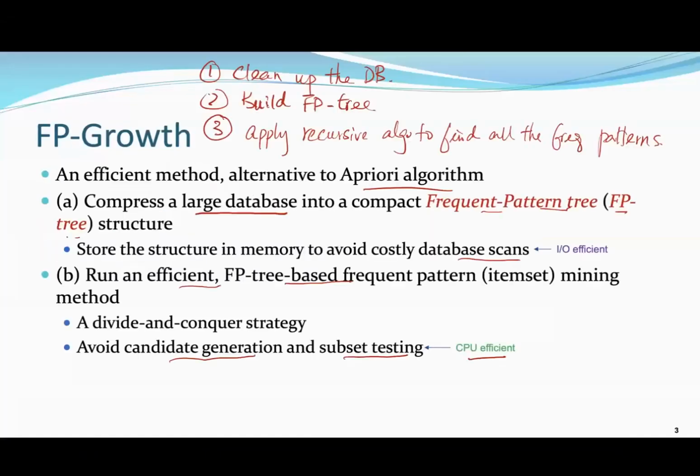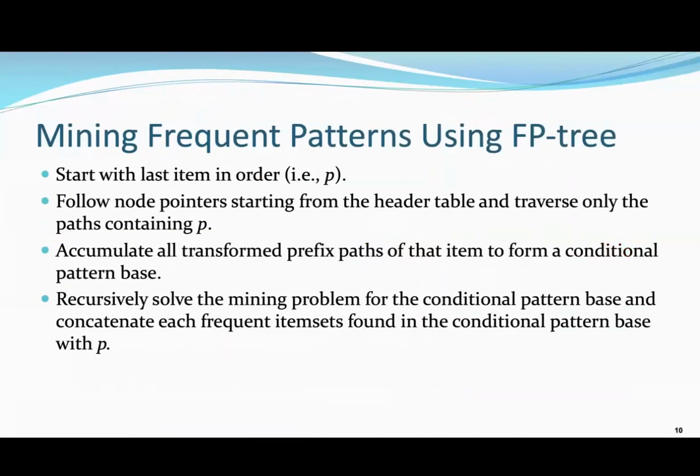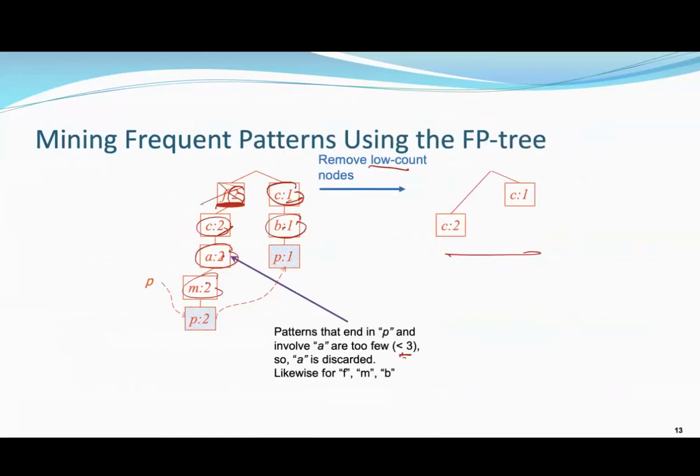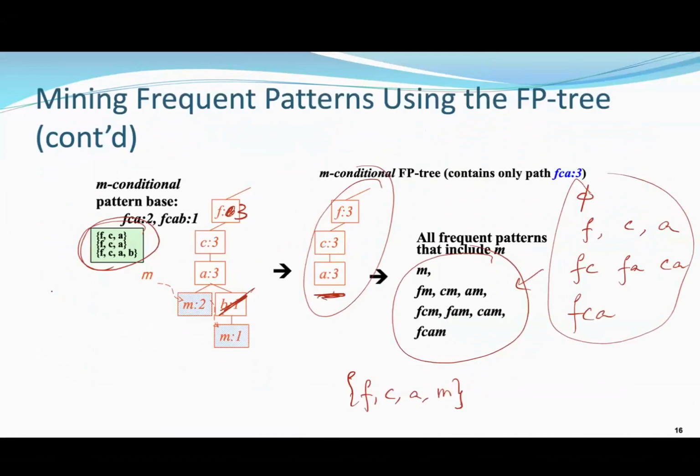If you remember, we wanted to build the frequent item set table and determine which items are frequent. So these are the frequent item sets. Even though I didn't write them as item sets, for example, when I write FCAM here, it actually means this item set.